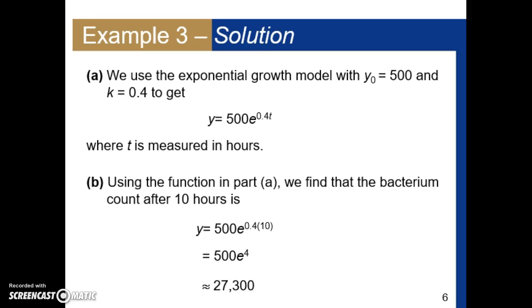If we had 27,300.543, we don't round that up to 27,301. That's not true. We don't do the regular rounding thing with our decimals. We always truncate. We actually cut off at the decimal and don't count anything after the decimal in this context, because we have to have whole individuals in our population.